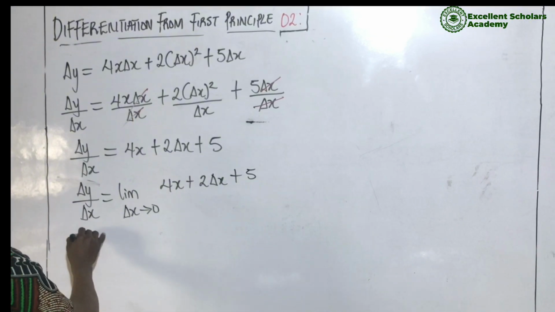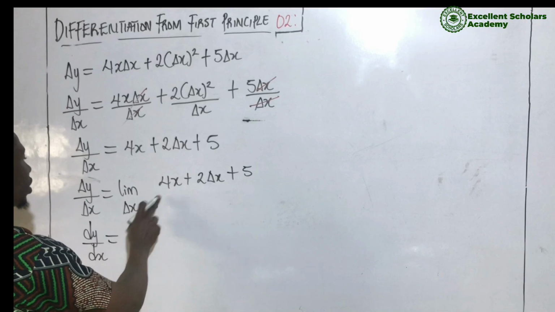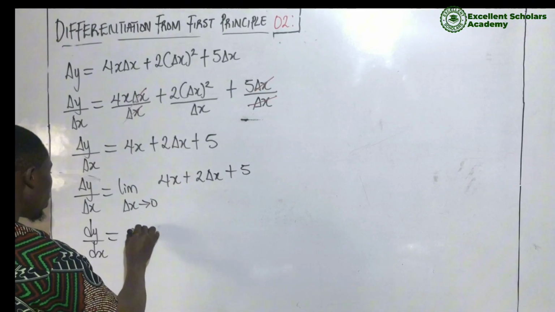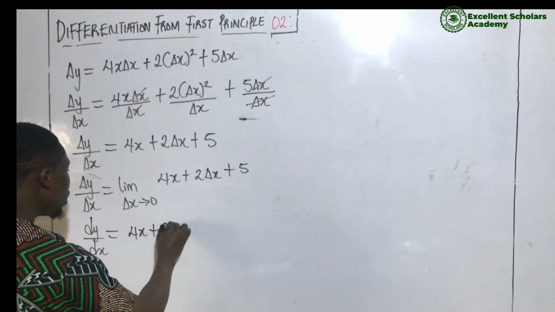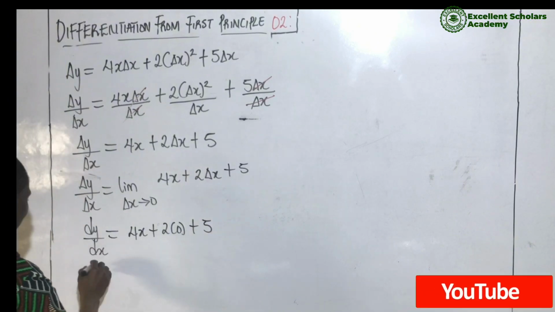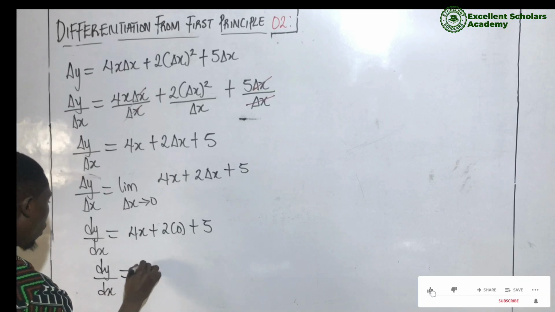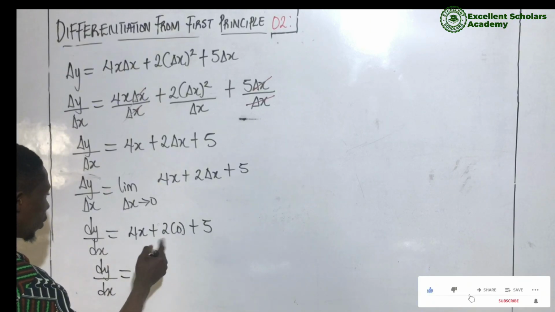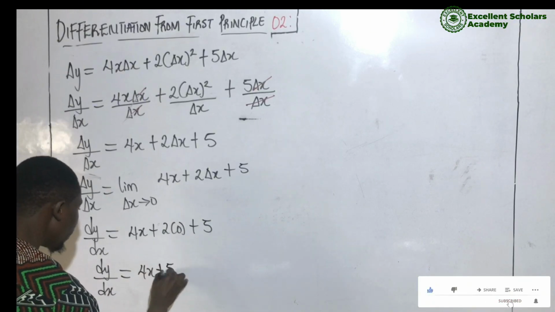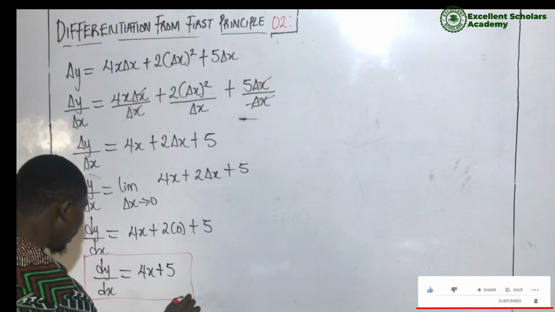So now dy dx is going to be equal to, anywhere we see change in x, substitute it for 0, it becomes 4x plus 2 into 0 plus 5. So our final answer, dy dx, will be equal to 4x, 2 times 0 is 0, which makes it irrelevant, plus 5. And this will be our final answer.